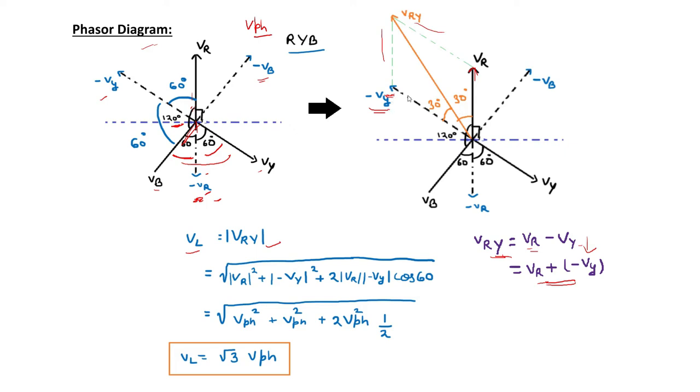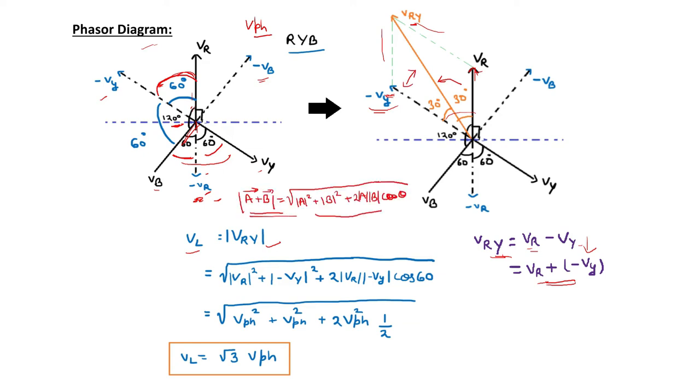Since the values of VY and VR are both equal, VRY is an angle bisector between these two. Initially the angle between VR and minus VY is 60 degrees, and after drawing its angle bisector, the angle between VR and VRY is 30 degrees. This is all mathematical, you can see from the graph.